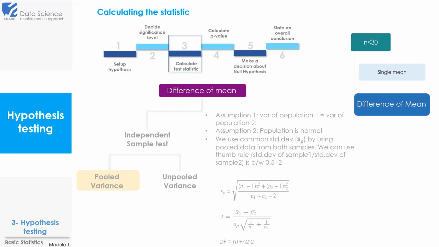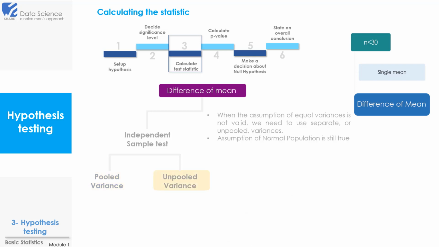After calculating SP, we can use the t-statistic formula as shown here and calculate our t-statistic. Then we use the degrees of freedom as given here, n1 plus n2 minus 2, for calculating the p-value. And then we can proceed with the rest of the steps as shown at the top. So that is how we carry out the difference of mean test in case of pooled variance.